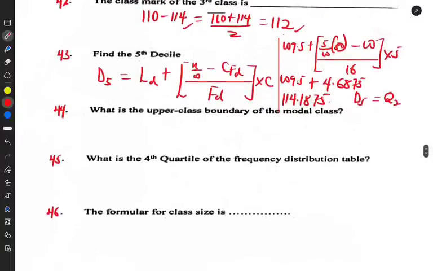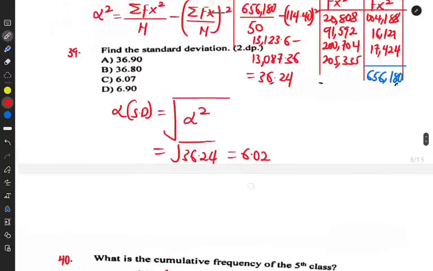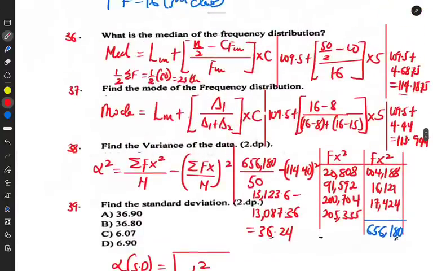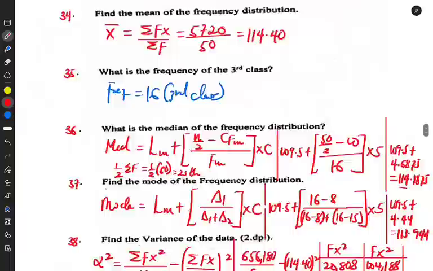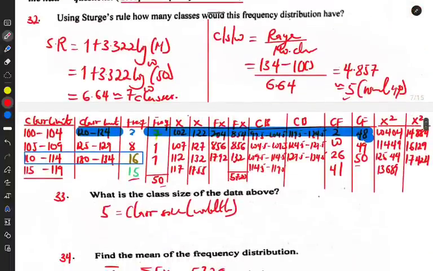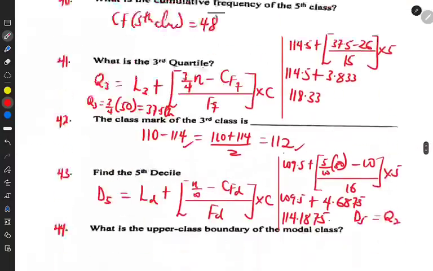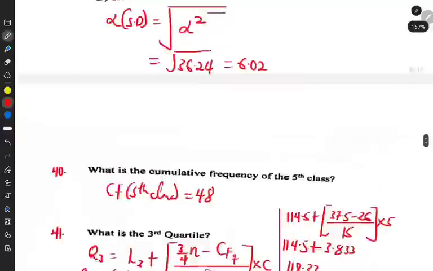Question 44. What is the upper class boundary of the modal class? So we identify the modal class to be the third class, the most occurring data, which is 16. So we have been asked to find the upper class boundary of the modal class.